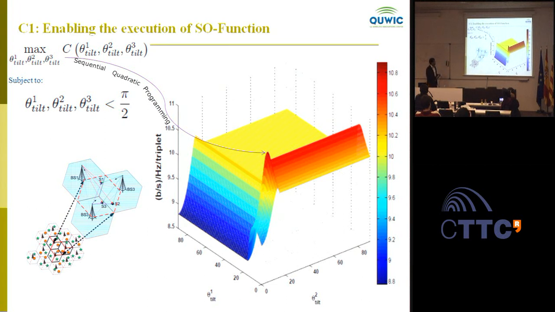If you are not happy with the fact that it's a non-convex problem, then think practically and you can simplify the problem. In practice, it's not useful to set the tilts to more than 30 degrees. So you'll have just 30 times 30 times 30, about 27,000 possible values, and you can search in 1 second on any laptop. By doing this, you can achieve this gain.